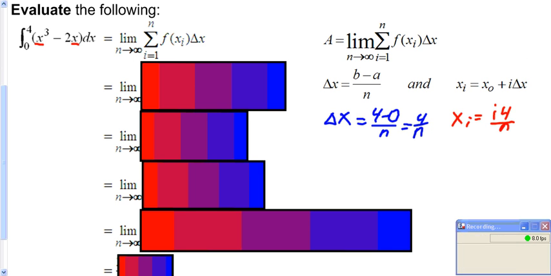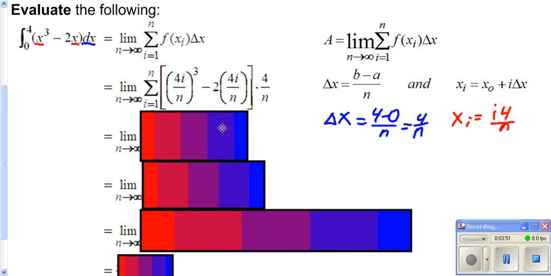We need to take the blue stuff, which we have right here, and plug it in for your dx. And that's what we're doing. Our red stuff is here, and our blue stuff is out back here.